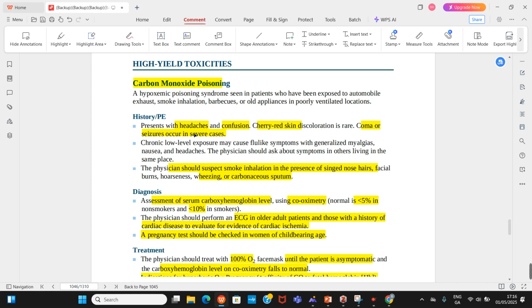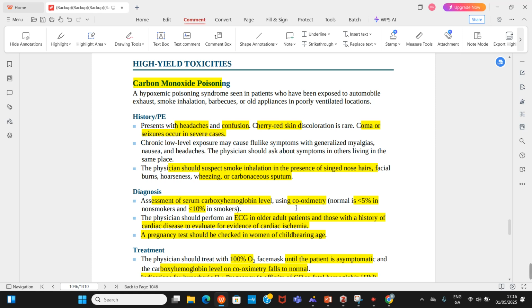To make your diagnosis quickly, the most important test you want to order is the carboxyhemoglobin level, by doing CO oximetry. CO oximetry is so useful that it tells you the level of deoxyhemoglobin, oxyhemoglobin, carboxyhemoglobin, methemoglobin, all of them.